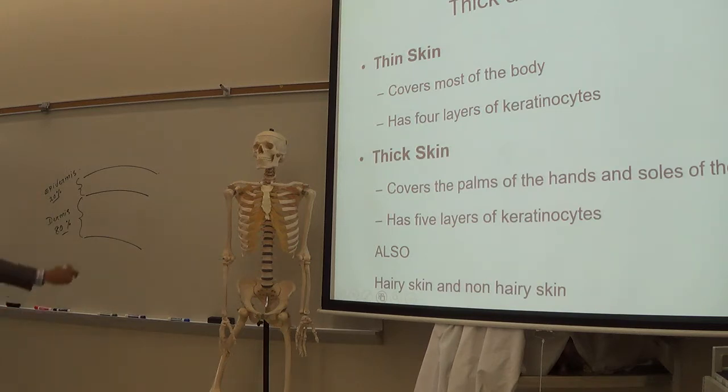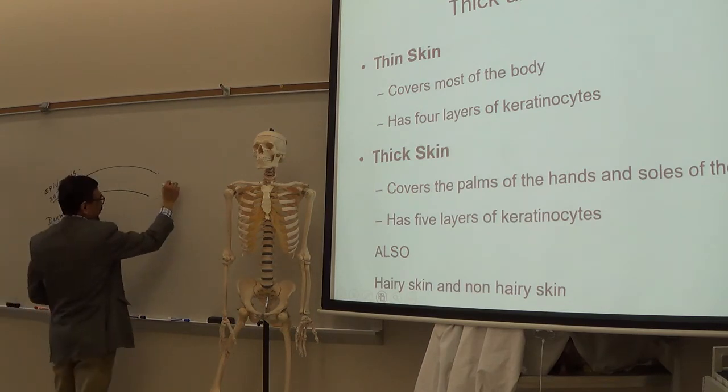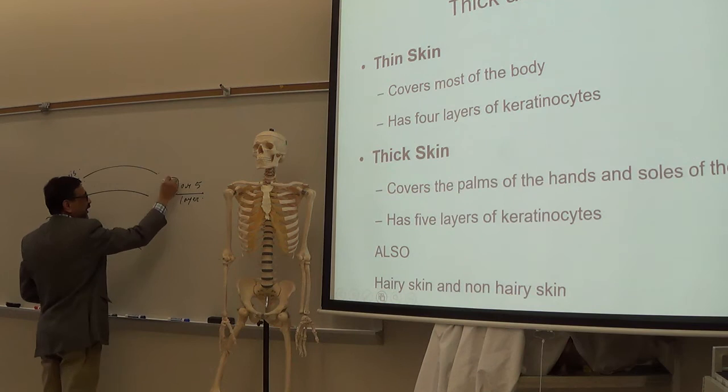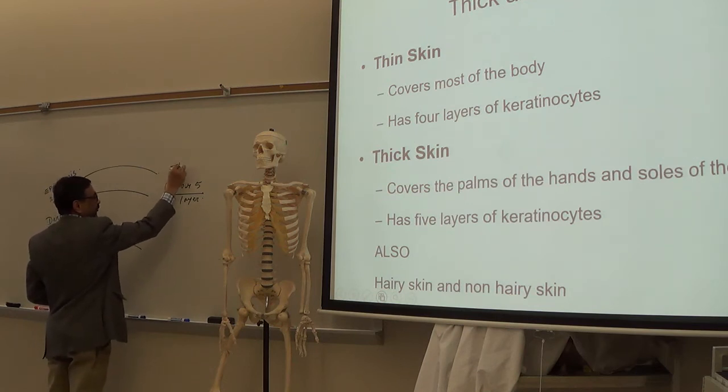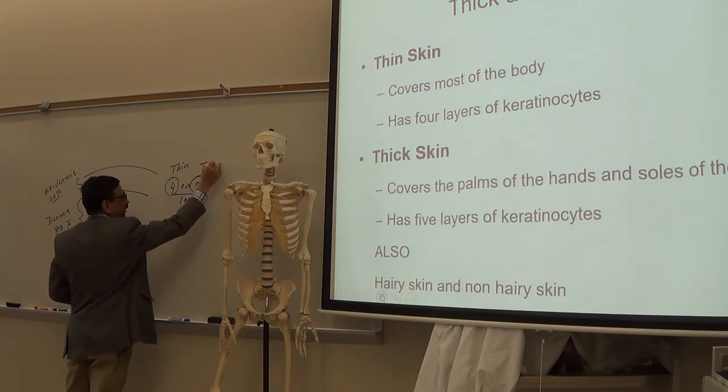Okay, now the epidermis, which is the outer layer of the skin, has 4 or 5 layers in it. 4 or 5 layers. Why I said 4 or 5? Because in thin skin you have 4 layers. In thick skin you have 5 layers.